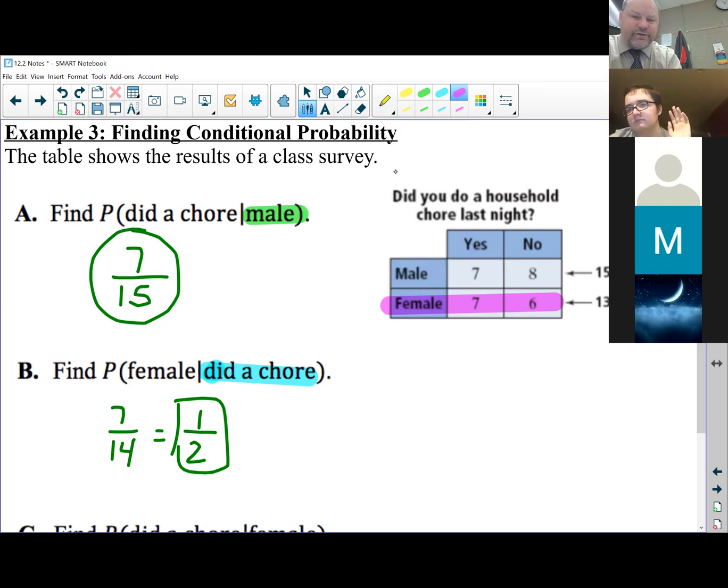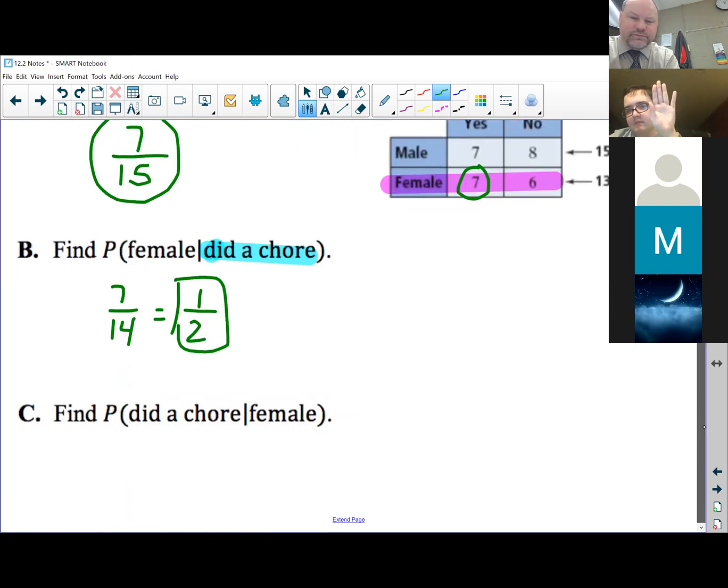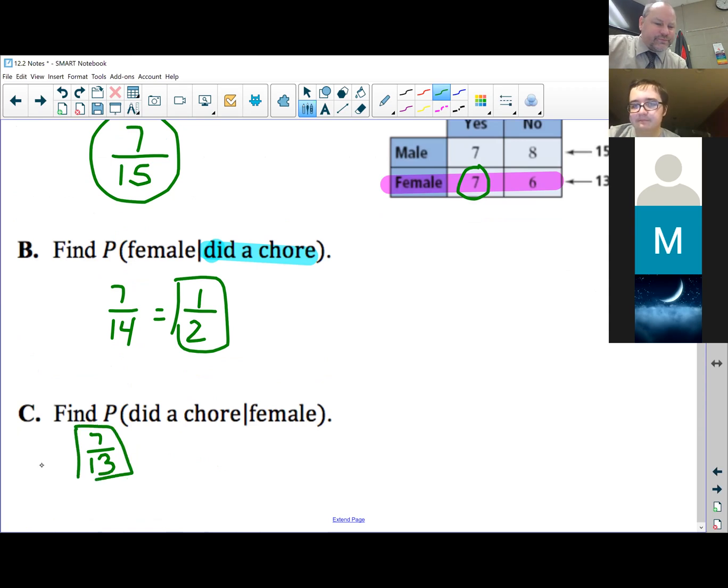And we want to know the number that did a chore. Shane, go ahead. 7 over 13. Does that reduce? No. All right.